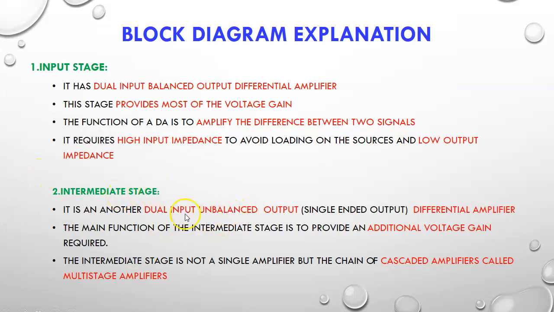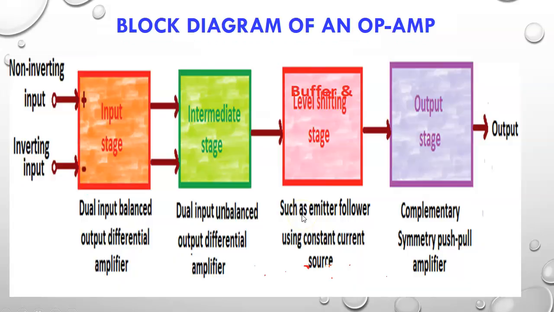The intermediate stage is a dual input unbalanced output differential amplifier: 2 inputs and a single output, so it is called dual input unbalanced. Here, 2 inputs and 2 outputs, so it is called a dual input balanced output differential amplifier.